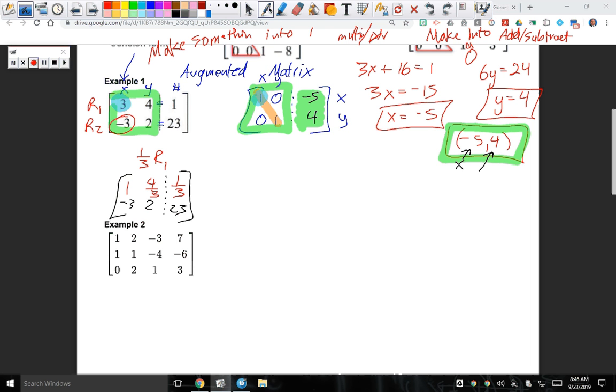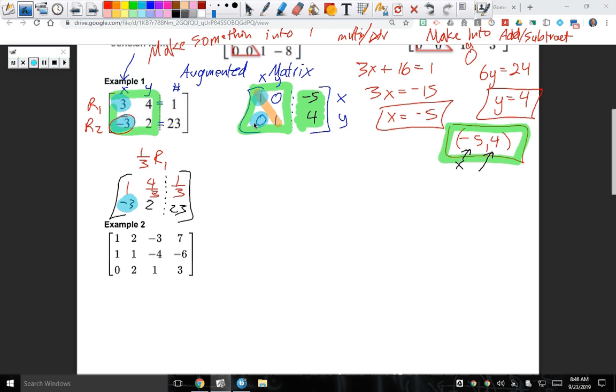And now what we're going to do is change something else. Actually, let me ask you, what could I do to make this -3 into a 0?